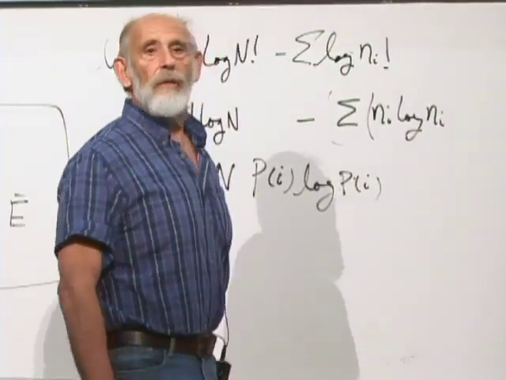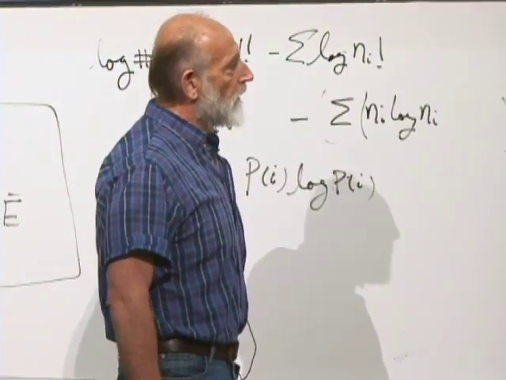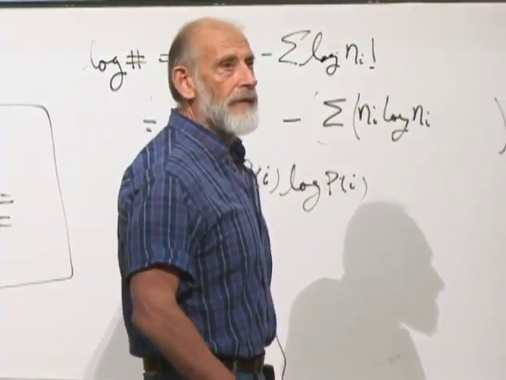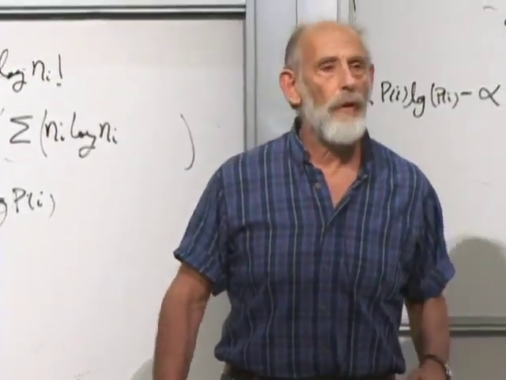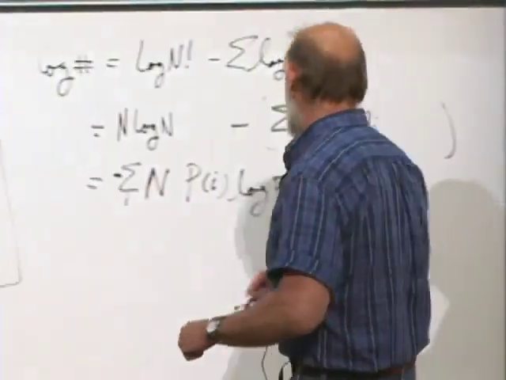Now, are there any questions up to now? Yeah. I'm envisioning that most of the n sub i's are either 0 or 1, because the ones which are appreciably non-zero, let's put it this way. Okay, let's think of it the following way.